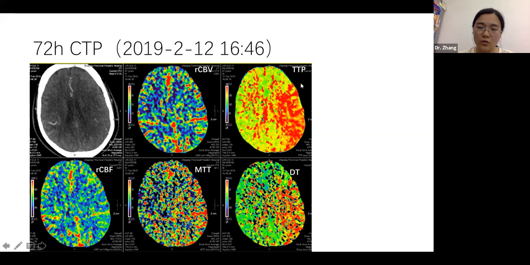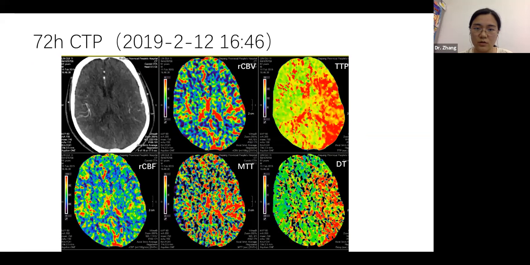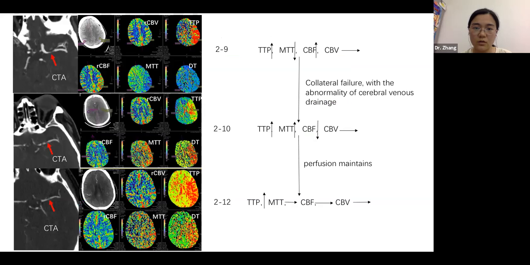Unfortunately, we see although the TTP still increased, but MTT seemed maintained, not very obvious change. So this is the second phase, and so I bring the 3 times CTP together.